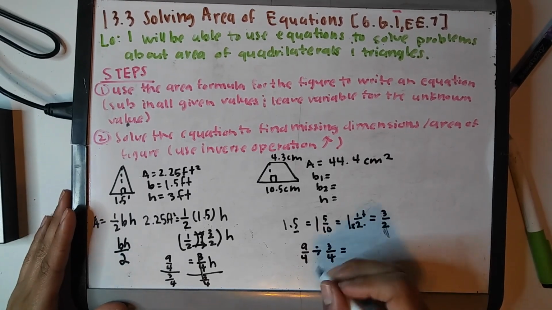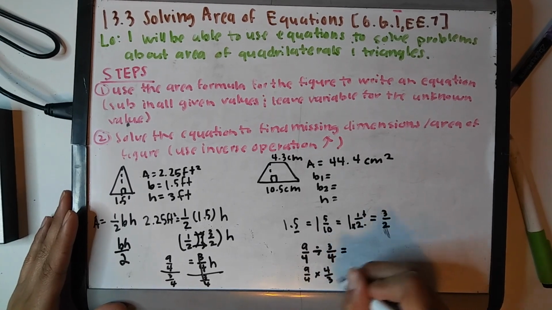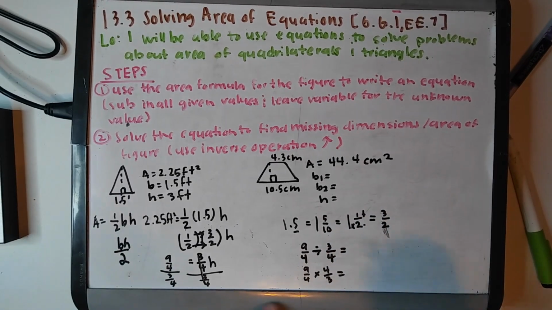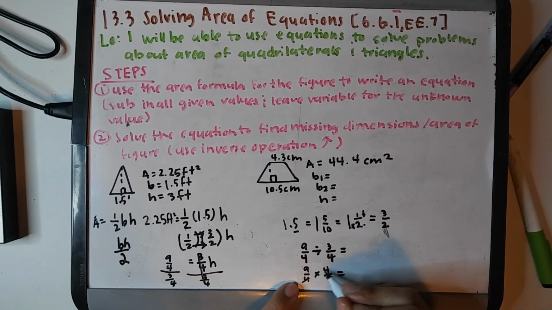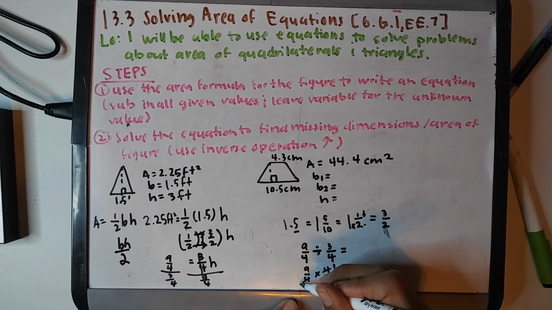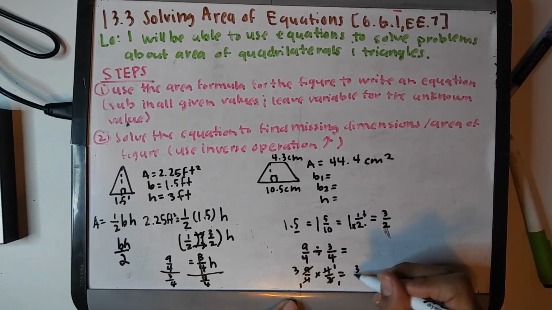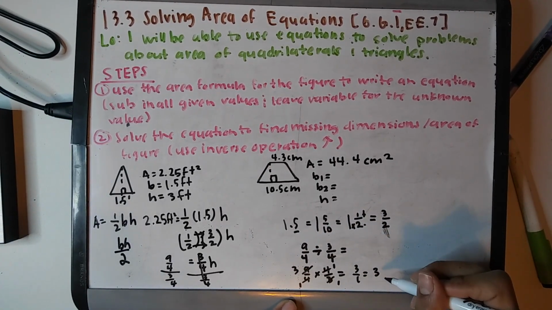So multiply by the reciprocal. I can multiply straight across, or I can cross cancel, diagonally. So 4 is the greatest factor. 4 goes into 4 once, 4 goes into 4 once, and then 3 goes into 3 once, and then I get 3/1, which is just 3. So that's how I got my answer here.